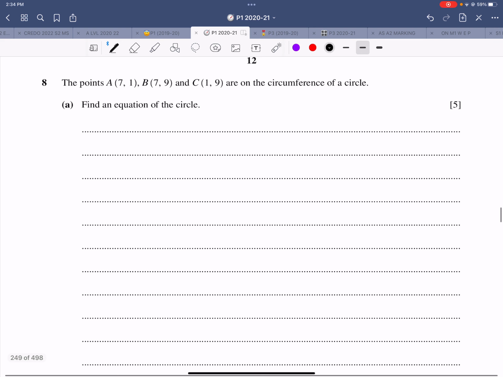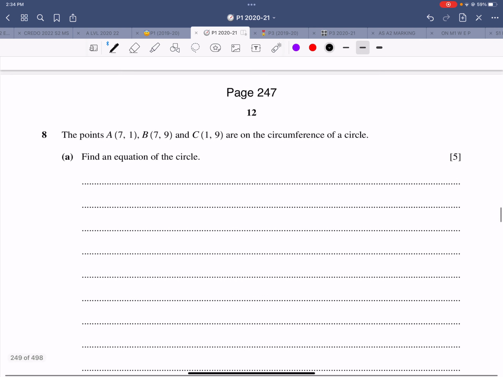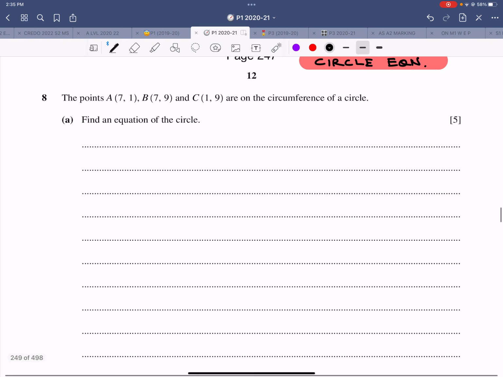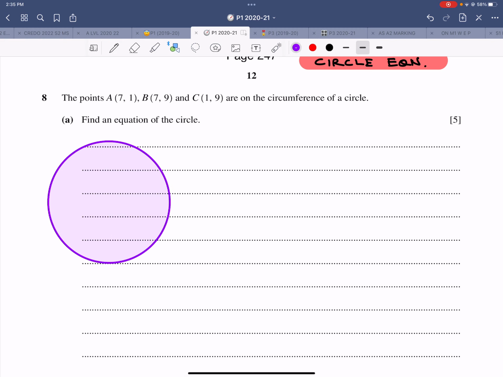Question number 8 looks like a question on the circle equation. Now it says there are 3 points on a circle. So this is a circle. There are 3 points. A is (7, 1), B is (7, 9).